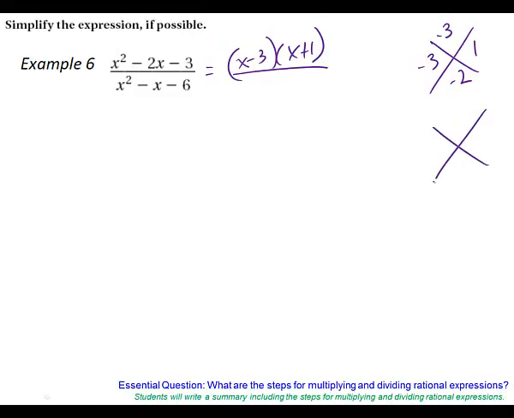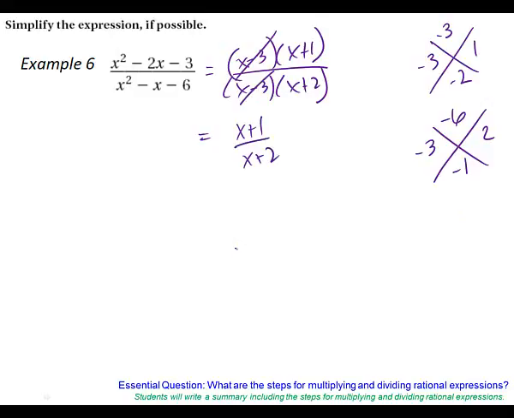All right, and then the denominator, two numbers that multiply to -6 and add to -1. -3 and 2, good. So we've got x minus 3 times x plus 2. All right, what's going to cancel? X minus 3, and so we're left with x plus 1 over x plus 2.